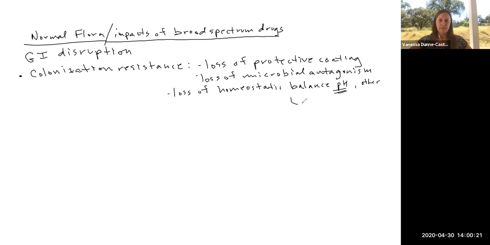So actually, because of this, there are a couple of really key types of pathogens that are really common after the course of a broad spectrum antibiotic. The most notable one is Clostridium difficile, which is usually termed C. diff.